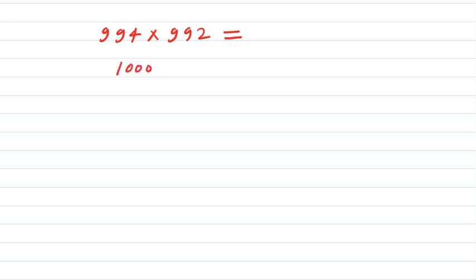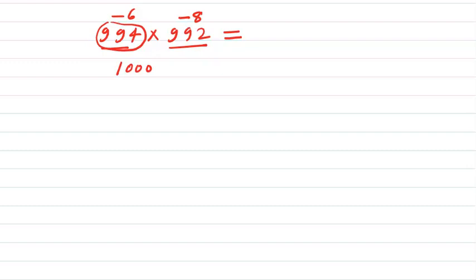Base here is like 1000. So this deficit here is -8. The deficit here is -6. What will be the left hand side? Either subtract -8 from this number or subtract -6 from this number. I hope you got it. Either you subtract -8 from 994 or you subtract -6 from 992.